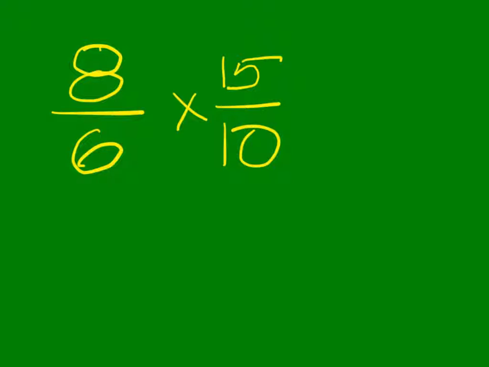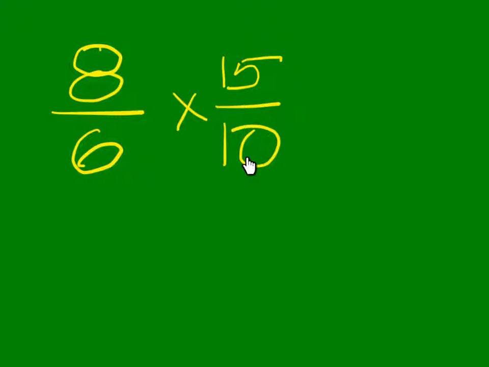You can reduce 10, but you got to have another number that goes with it. You want to find two numbers in which you can divide them both by the same number. 10 and 15. So you can do that. You can cross cancel, or you can cancel straight up and down. You just can't go left and right.